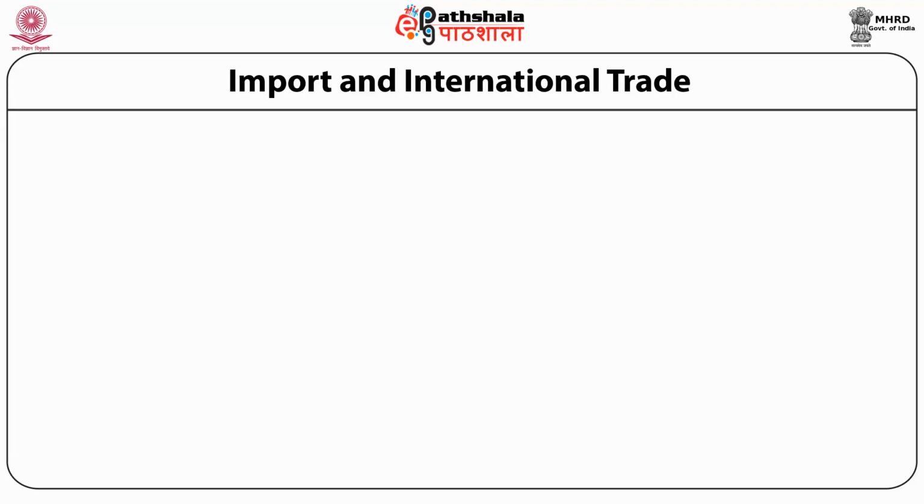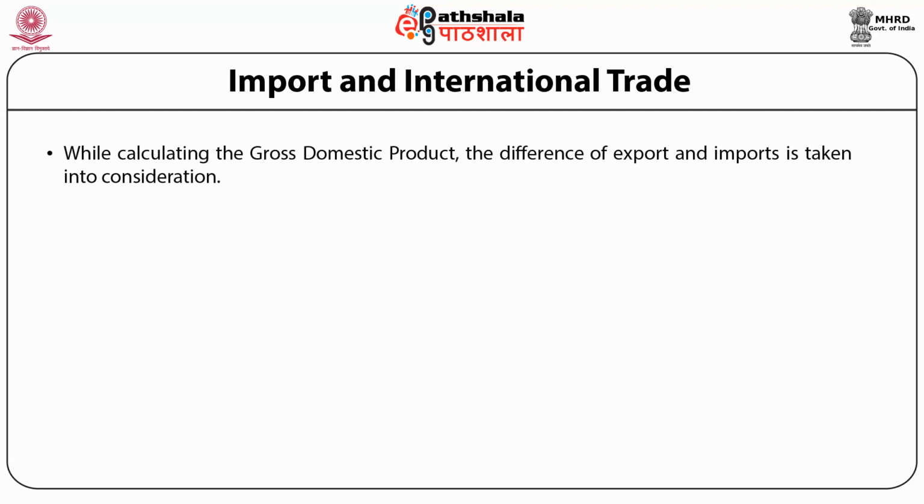Now let us see what is import and international trade. While calculating the gross domestic product of a country, the difference of export and import is taken into consideration. That is, export minus import. When exports are more than imports, the gross domestic product is higher.